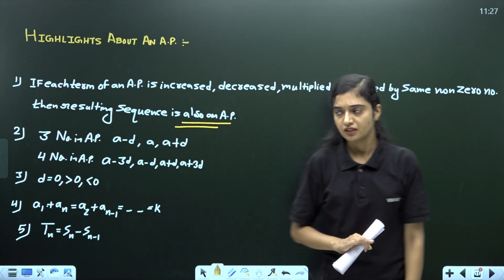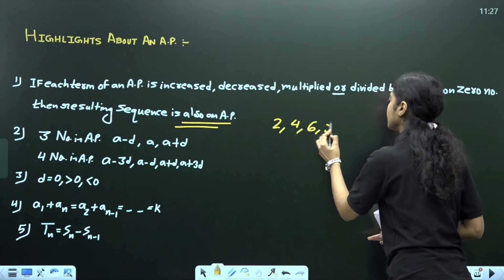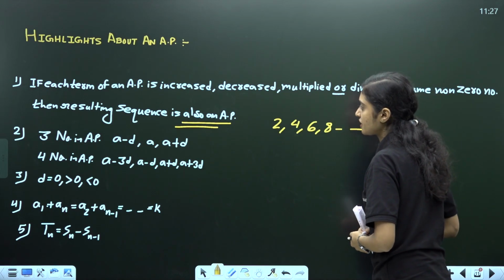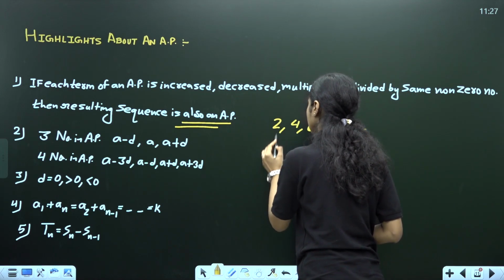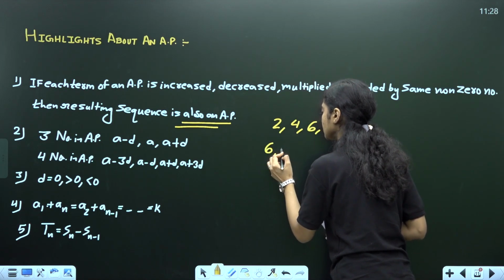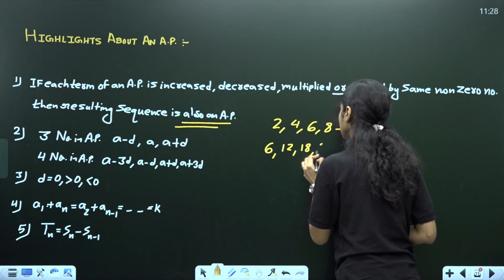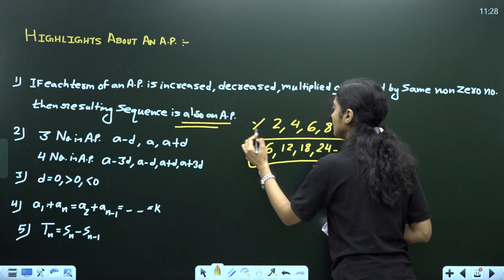Suppose 2, 4, 6, 8 is given as an arithmetic progression. If we multiply these numbers by the constant number 3, then this will become 6, 12, 18, 24. This is also an AP.